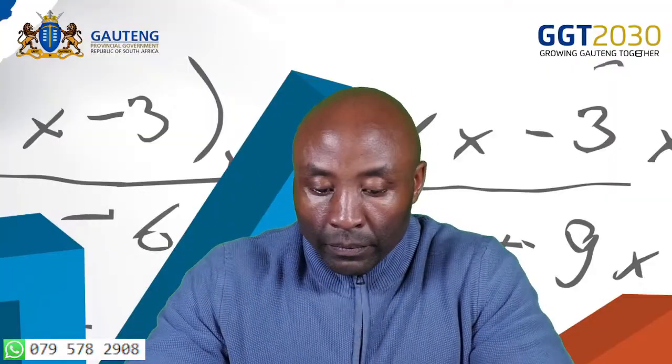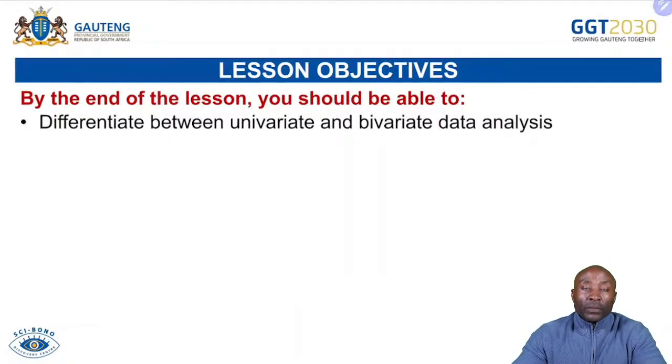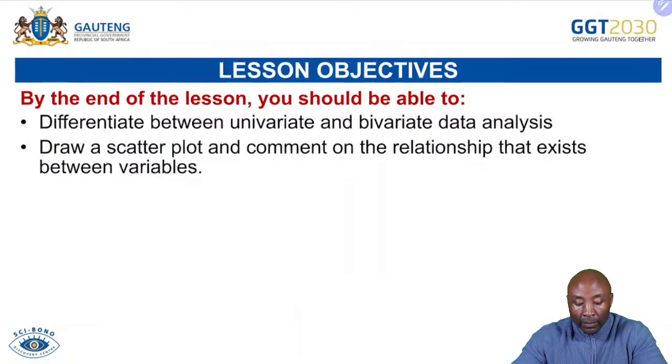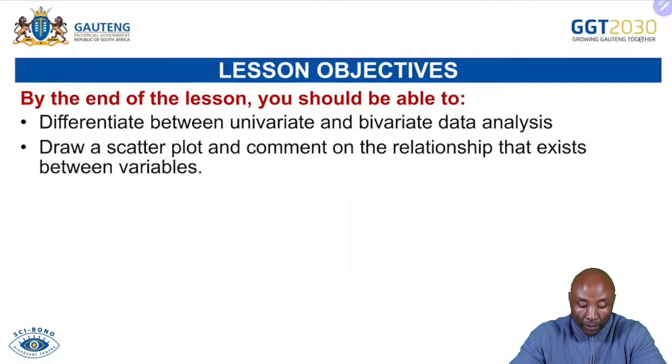By the end of the lesson, you should be able to differentiate between univariate and bivariate data analysis. You should be able to draw a scatter plot and comment on the relationship that exists between the two variables.